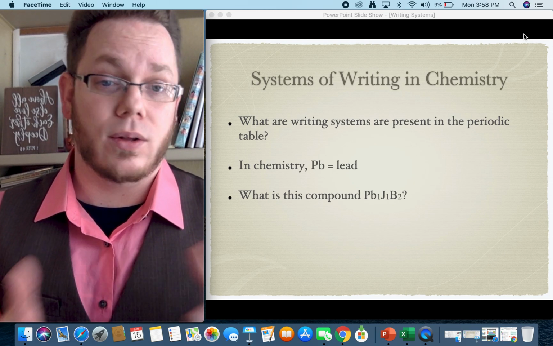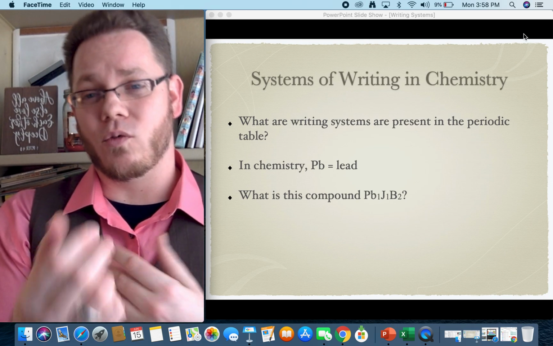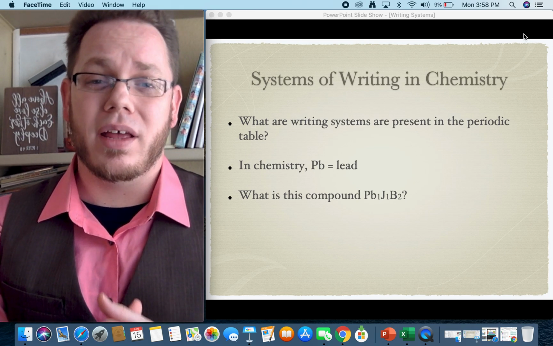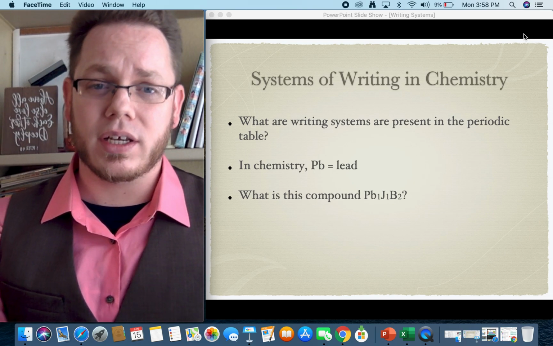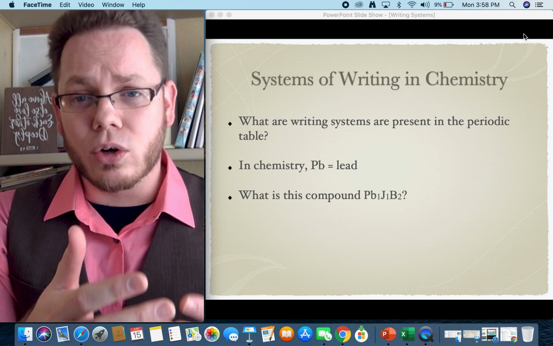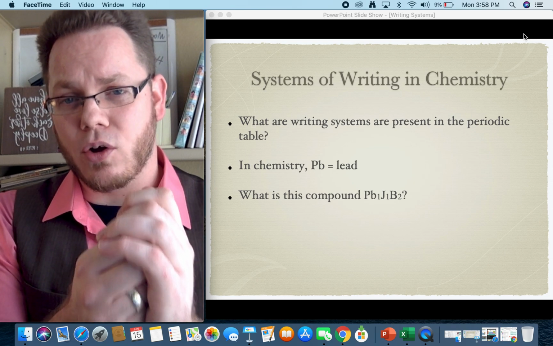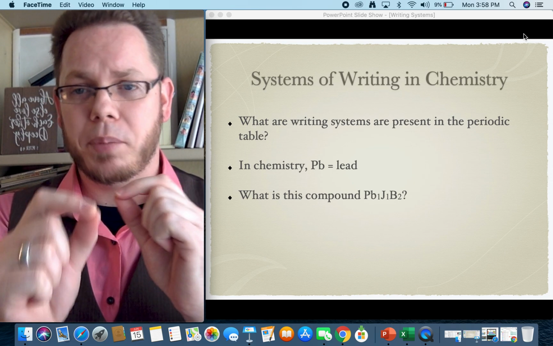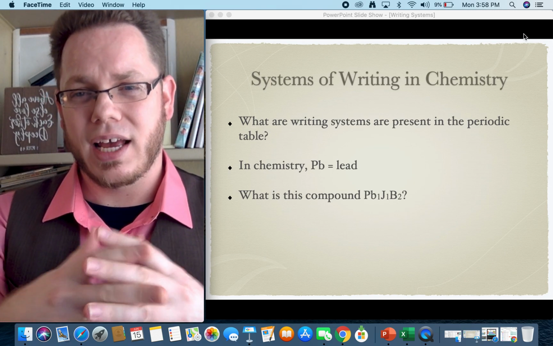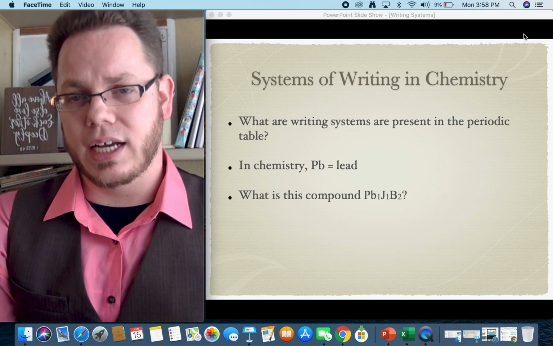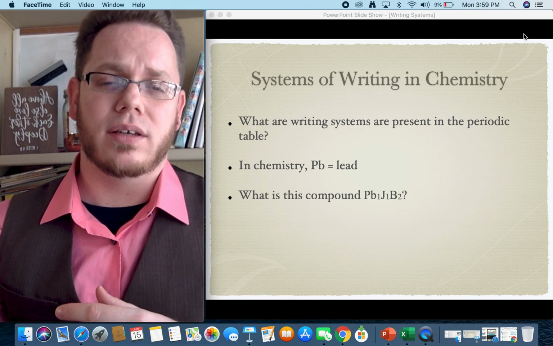So Pb is now lead, and so as we look at the periodic table, that writing system for some of those things that you just have to memorize, even though it looks alphabetic, even though other things around it are phonographic, this becomes logographic, because there's an idea of a chemical behind it, but the images of P and B, the images that look like the letter P or the letter B, combine as a symbol to communicate the idea of lead. And so that becomes logographic.